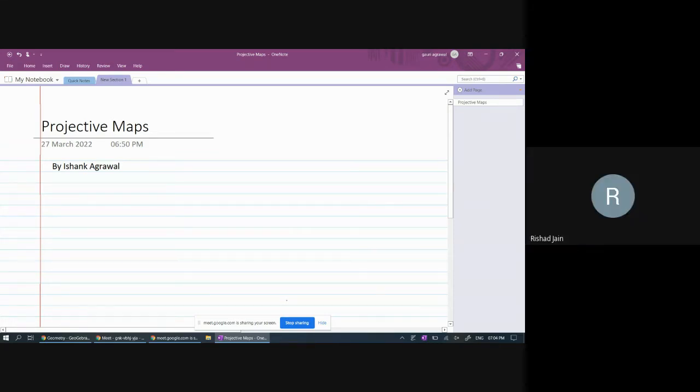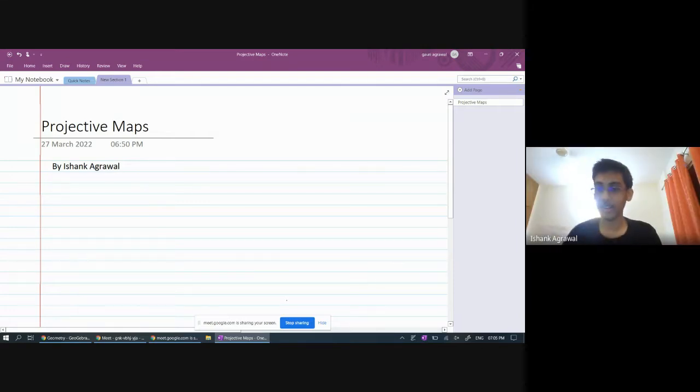They are figures obtained by a plane intersecting a cone. Exactly. Got it. We're going to go over all of these, but we're going to give slightly different definitions of a conic. We're going to talk about projections.